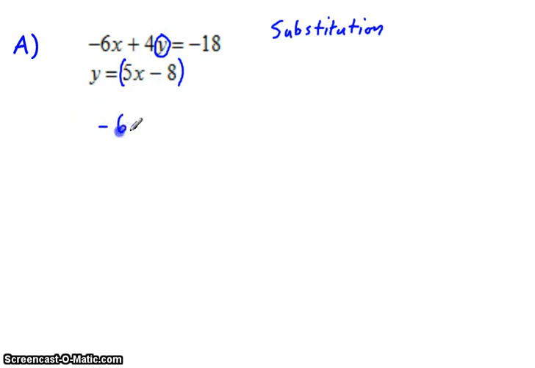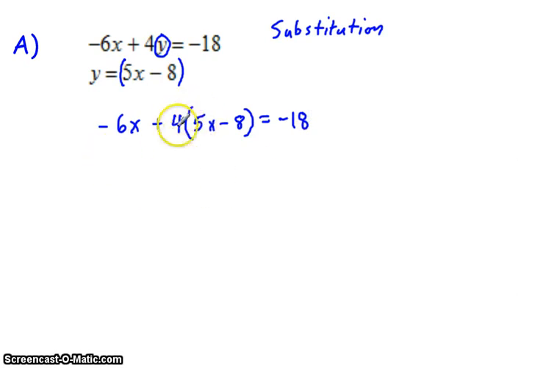We got negative 6x plus 4 times, instead of y, I'm going to put 5x minus 8. And this all equals negative 18. And now I just have to solve for x.